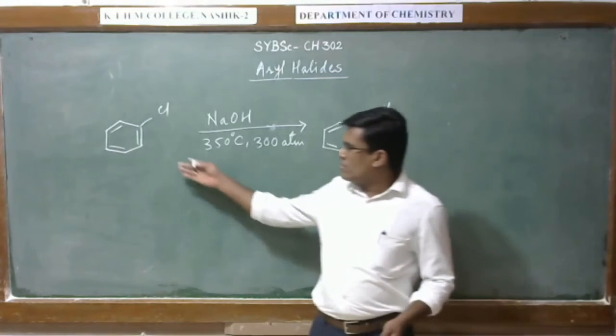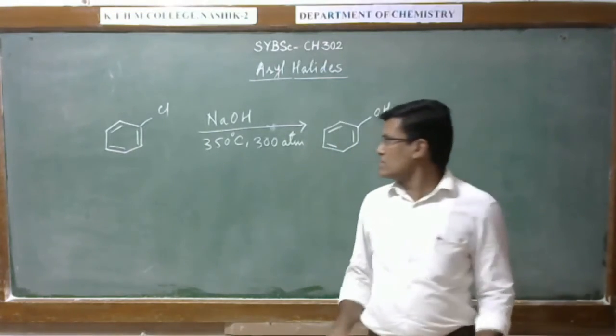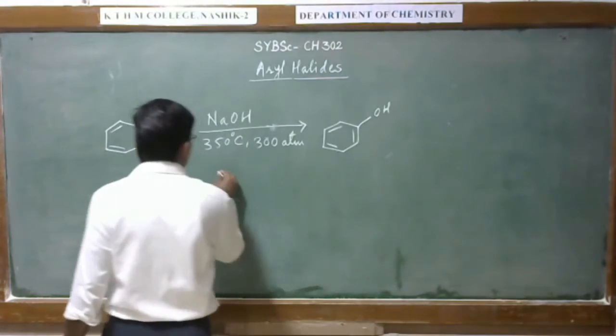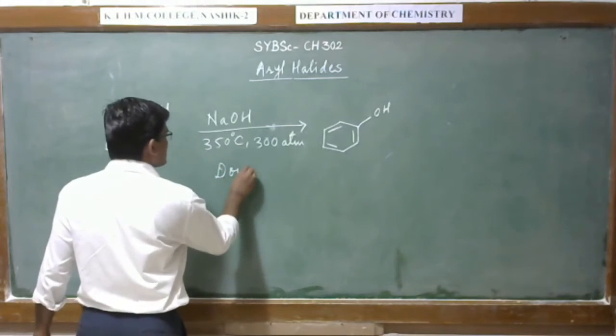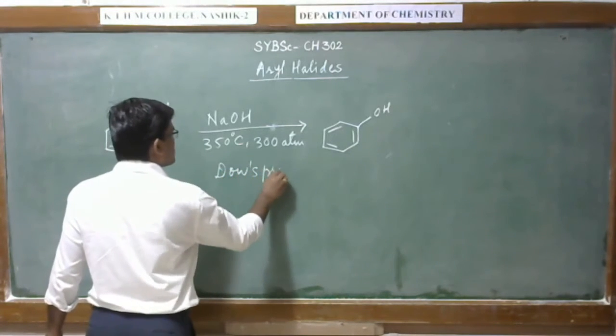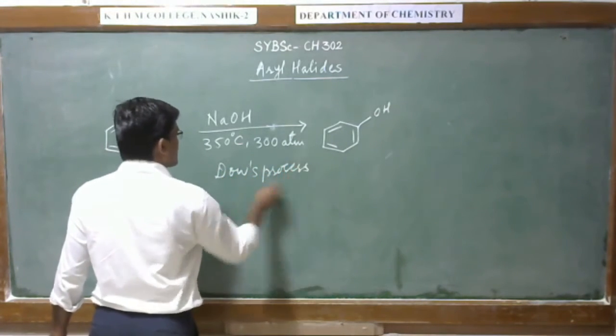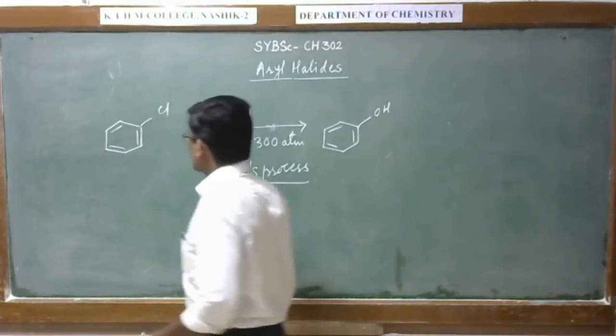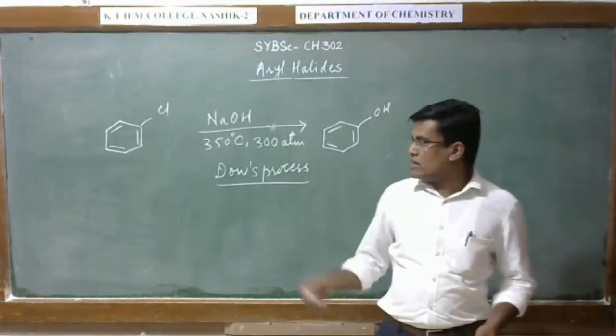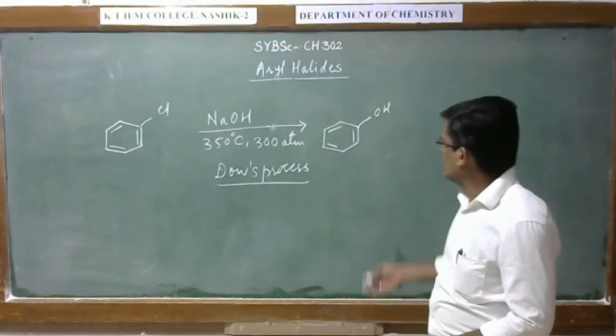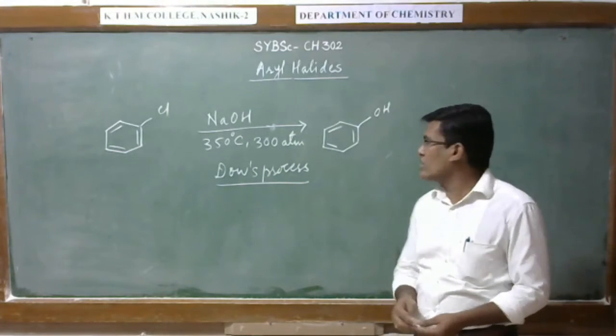This is the Dow process. In this process, the halobenzene is used as a precursor for the preparation of phenol.